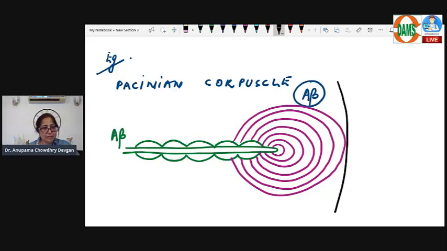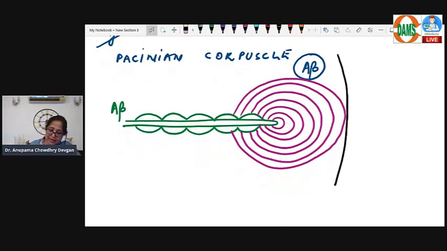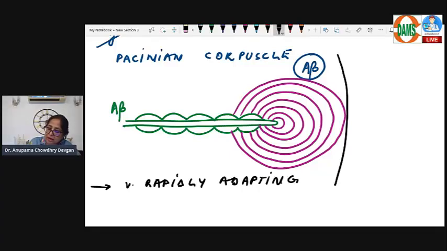The A beta nerve fiber is associated with the Pacinian corpuscle, and its tip is encapsulated with multiple layers of capsule. This is a very rapidly adapting touch receptor.